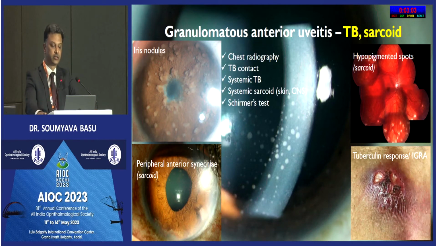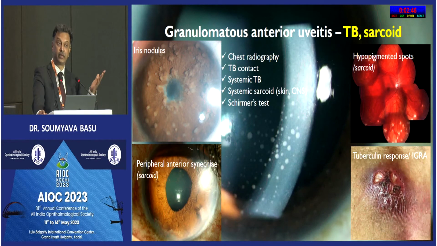So in these patients, you look at the chest radiography, preferably with a CT scan, ask for a history of TB contact, look for other evidence of systemic TB, including other extrapulmonary tuberculosis, look for evidence of systemic sarcoid, and remember, the diagnosis of sarcoid is not based on getting a serum angiotensin converting enzyme, but by finding organ specific involvement of sarcoid, which could not only be in the lungs but also be in the skin or in the CNS.